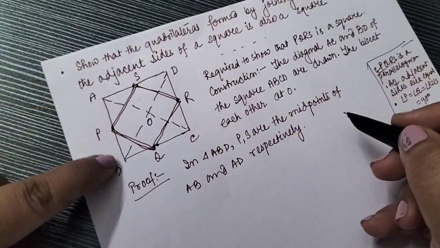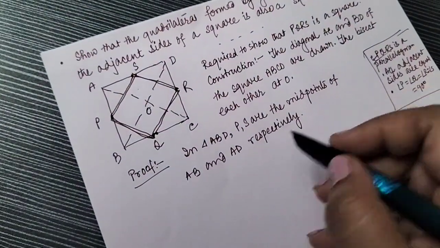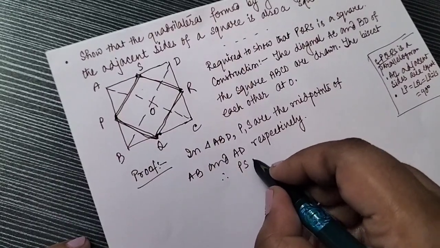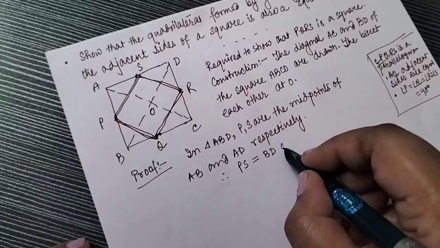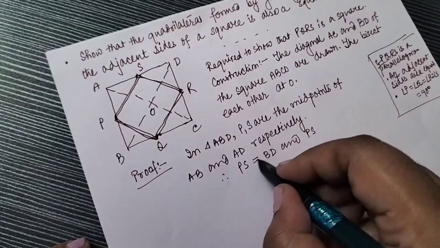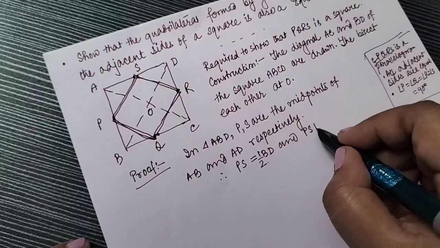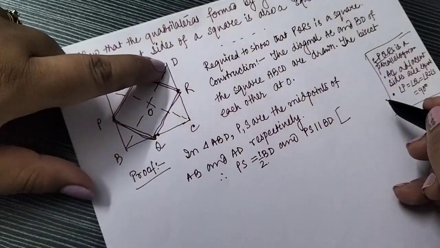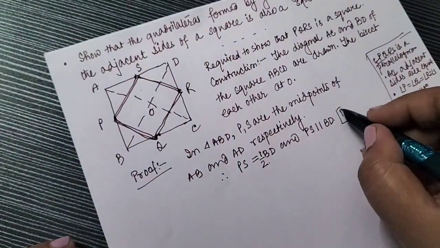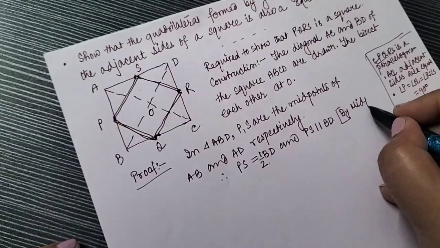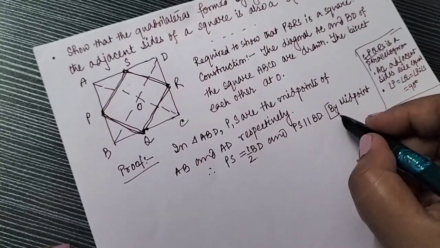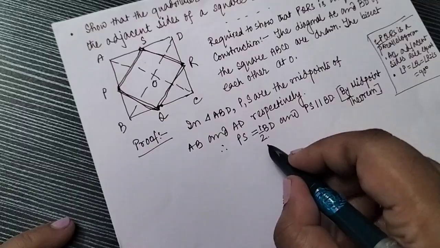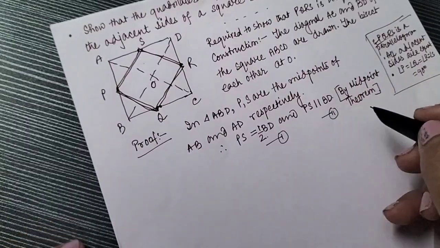So can't we say from here, by the midpoint theorem, PS is equal to half of BD and PS is parallel to BD. Let's make these relations number 1 and number 2.